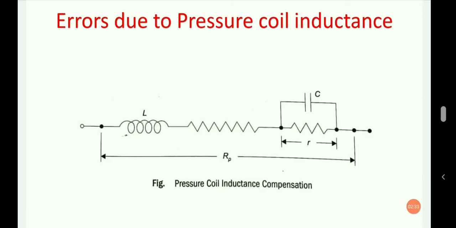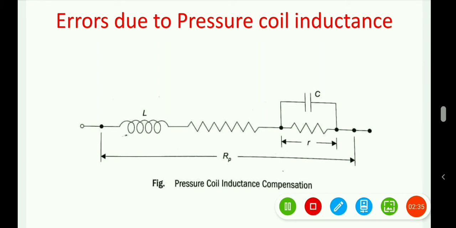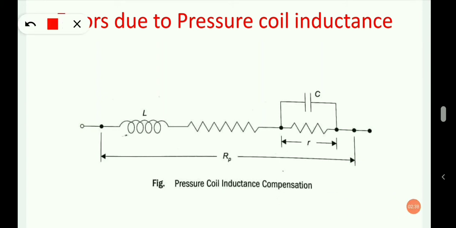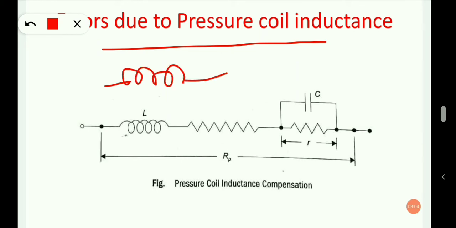So first we will see errors due to the pressure coil inductance. We know that for ideal wattmeters, the applied voltage and the current through the pressure coil are in phase with each other. We know that in a wattmeter one is the current coil and another is the pressure coil.